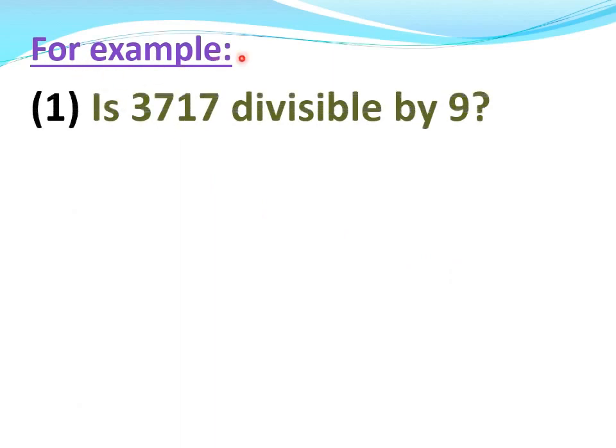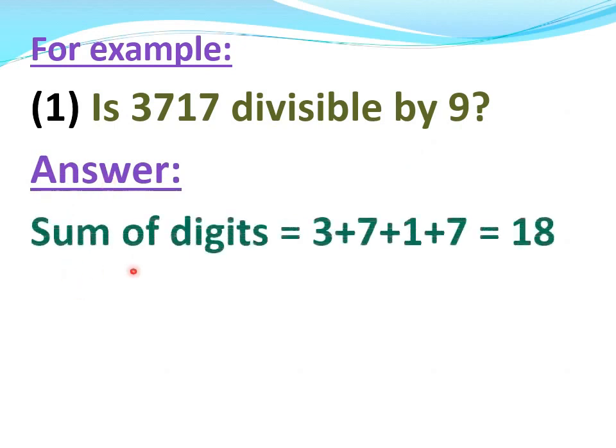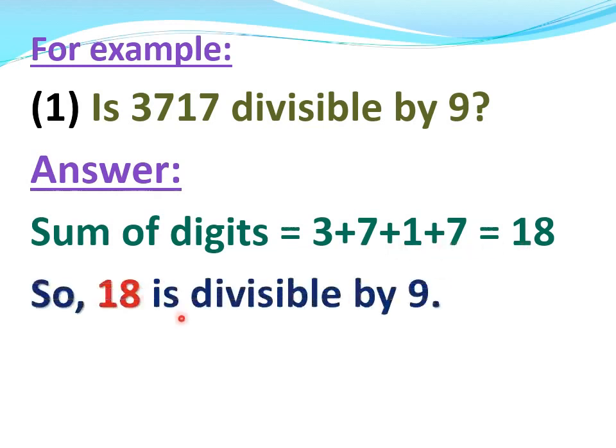For example, question number 1: is 3717 divisible by 9? Answer: sum of digits equals 3 plus 7 plus 1 plus 7. 3 plus 7 is 10, plus 1 is 11, plus 7 is 18. So 18 is divisible by 9.